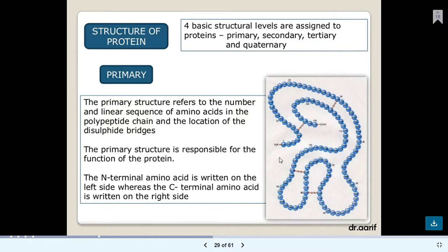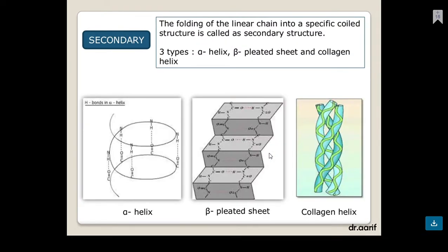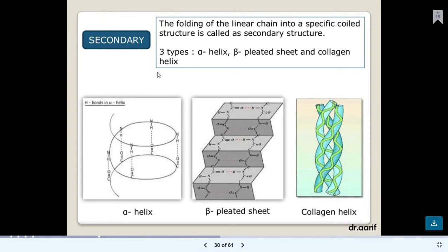The N terminal of the amino acid chain is written on the left side, and the C terminal is written on the right side. The C terminal will always be the carboxylic acid, and the N terminal will be written with the amine. Secondary structure is the folding of the linear chain into a specific coil structure.